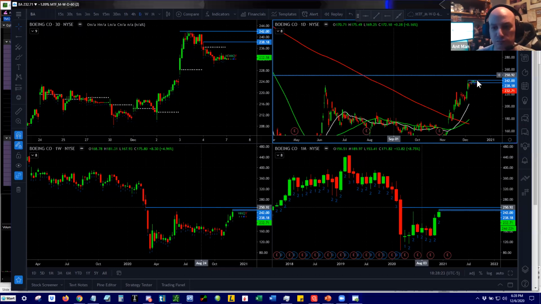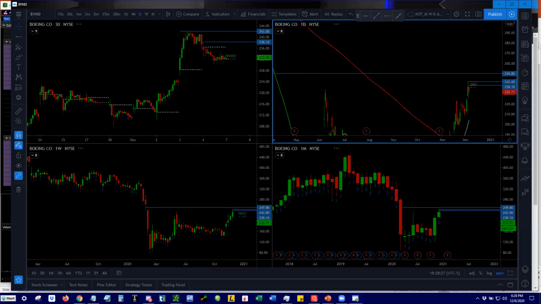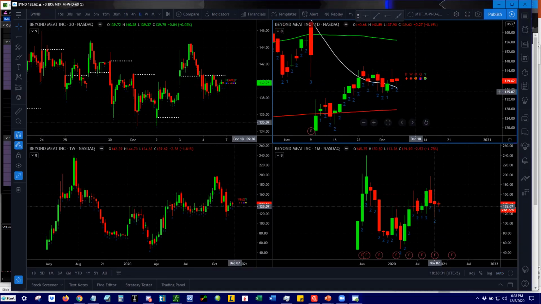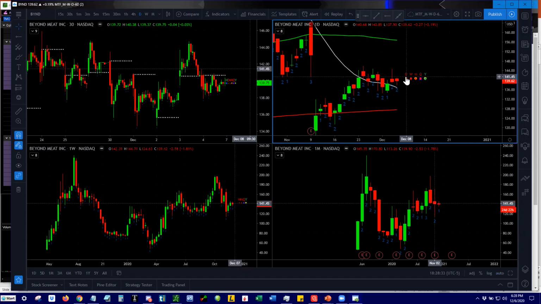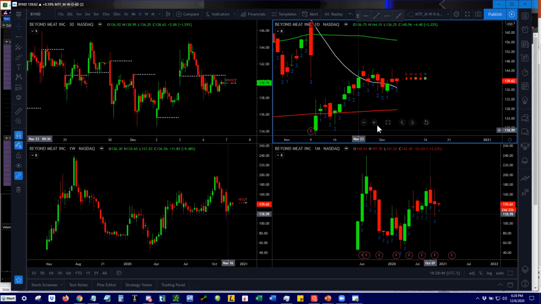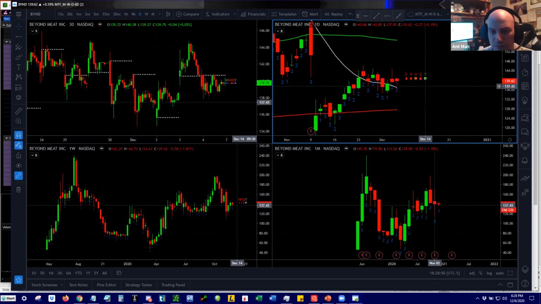I've also got BYND. And the reason I was looking at BYND, Rob talks about this a lot, the hammer down, hammer up being almost inside daylight in that it's kind of a sideways consolidation, right? Right.